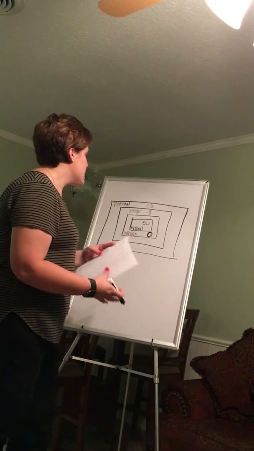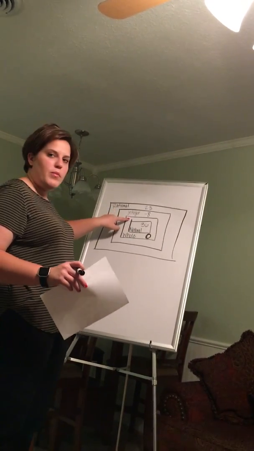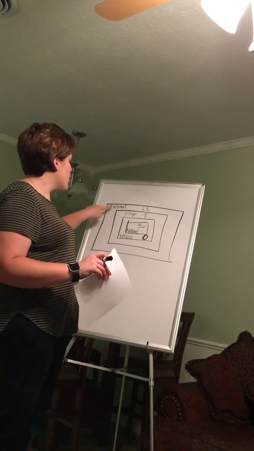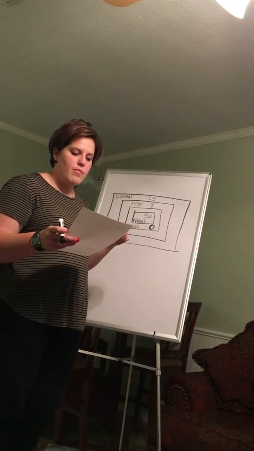So 36 is a natural number, but is it also a whole number? Yes. And is it also an integer? Yes. Is it also rational? Yes. Okay, so you would check all of the boxes for that.